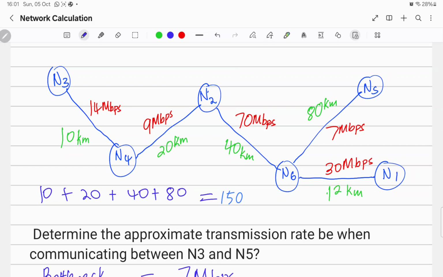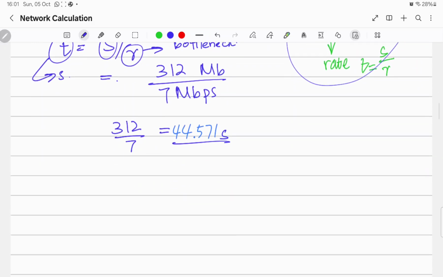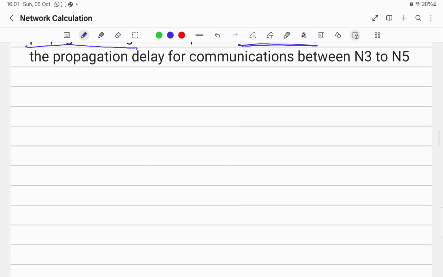This is our value, and this is 150 kilometers. So let's take this value and plug it here. Now we have the one that we have calculated, let me just call it calc. It's 150 kilometers, and this is from N3 to N5.